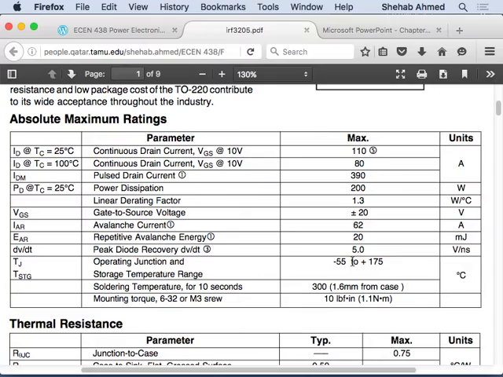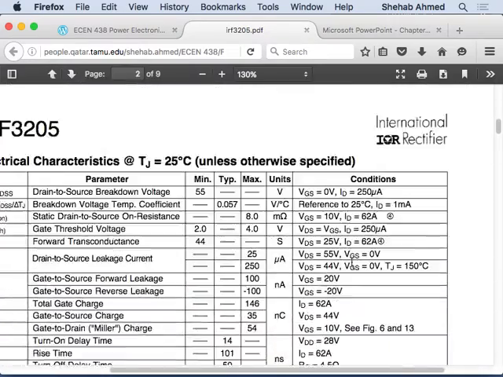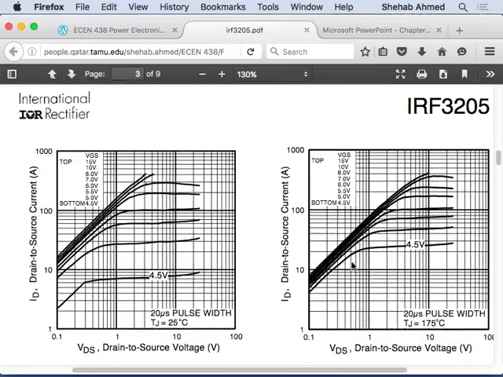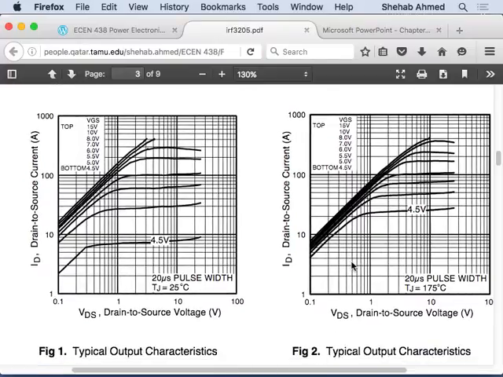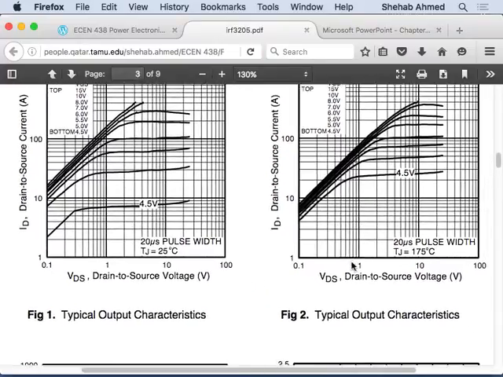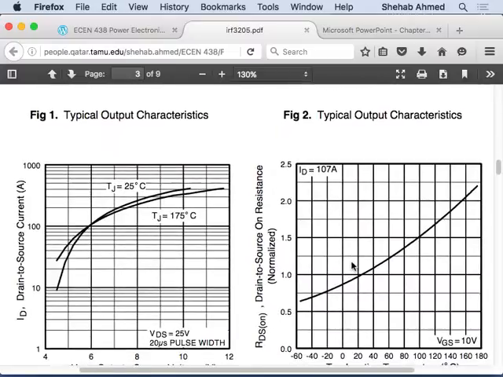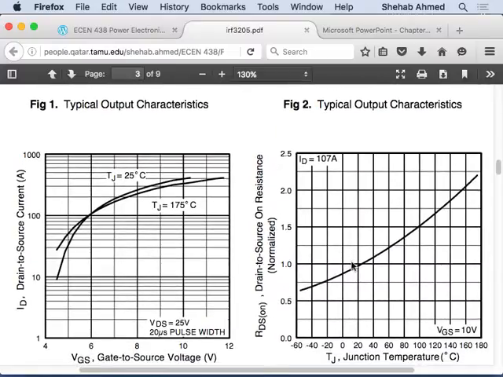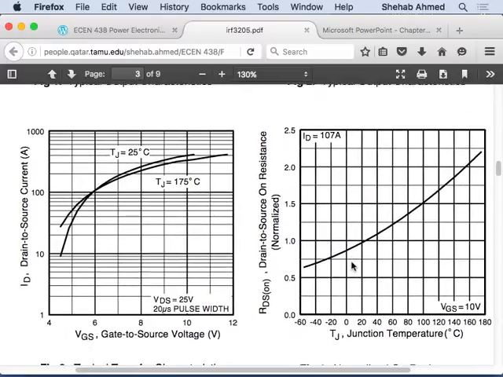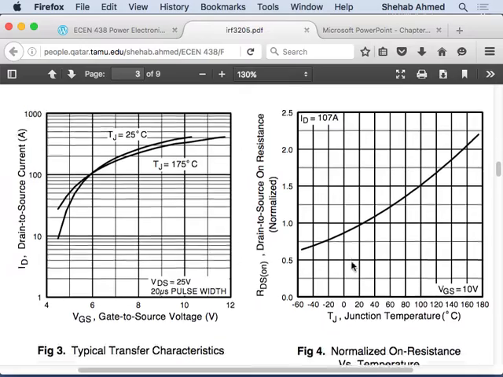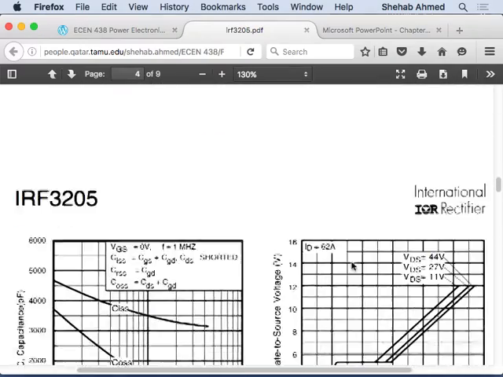At minus 55, you can put full current. All of that is detailed in these different curves and data sheets. I don't want to spend too much time on that because we will talk more about it, but we can quickly skim through. I want to look at the power loss curves, for example.